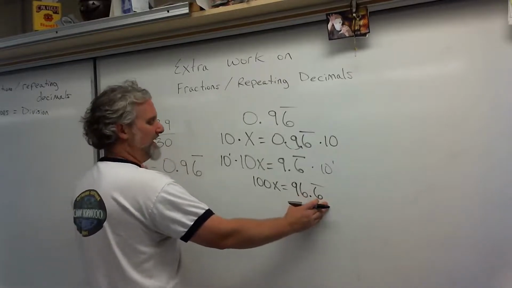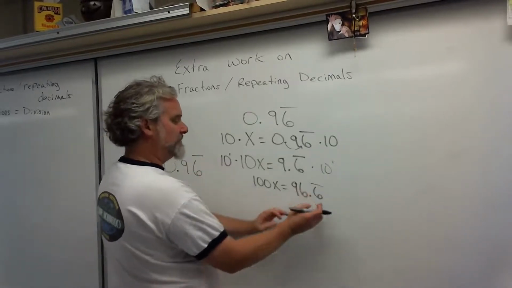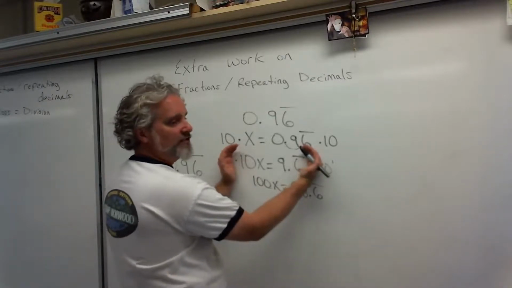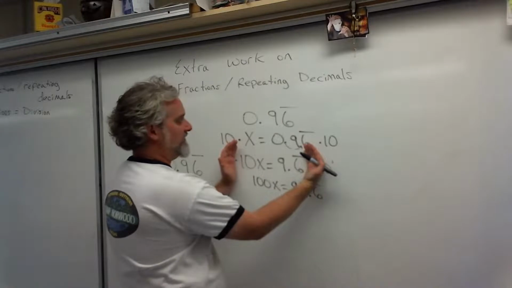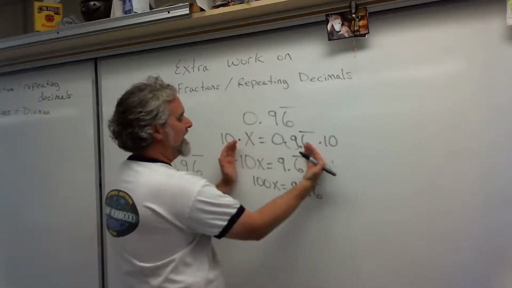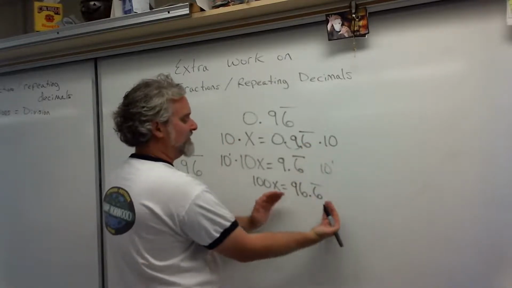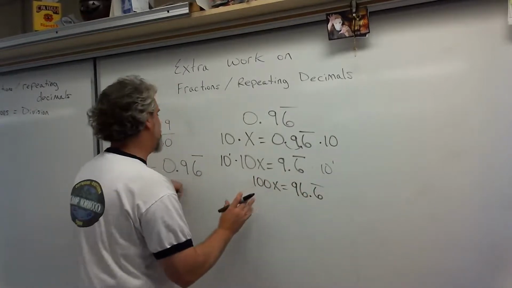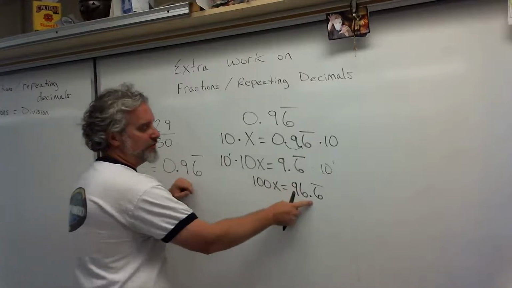From here, I need to subtract out something with that repeating decimal. That's why I had this sectioned off earlier: the 10x equals 9.6 repeating. I need to subtract that from both sides to get rid of this repeating stuff. I can't make a nice fraction with things repeating.